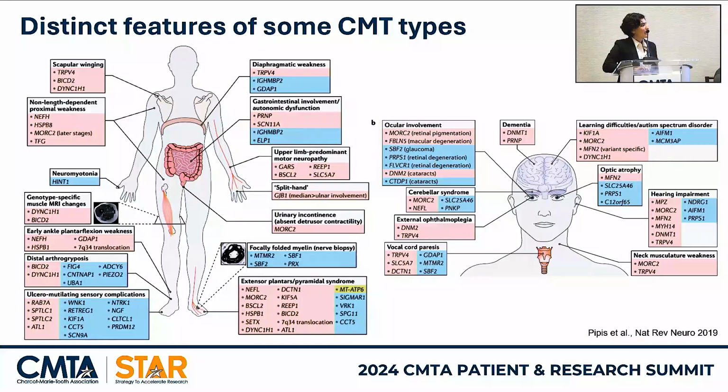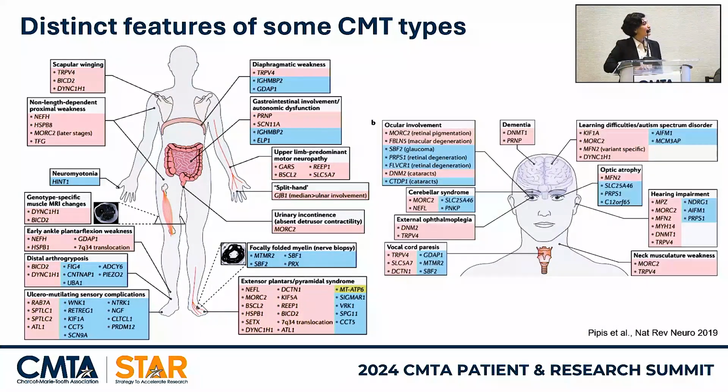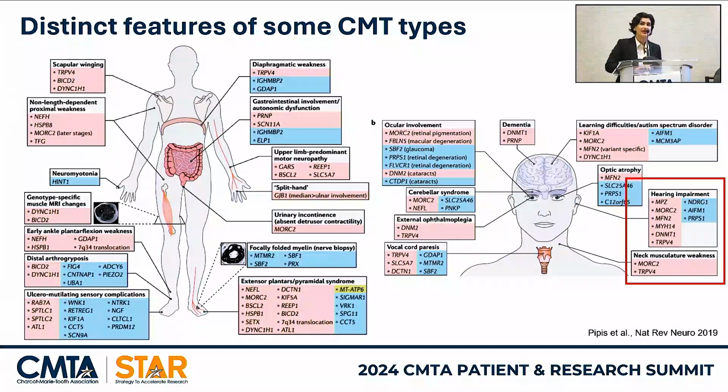They can also have problems with eye movements. They can also have problems with vocal cord function. They can also have problems with hearing, and they can also have problems with neck muscle weakness. And this slide doesn't show it, but they can also have problems with diaphragm weakness and bone development.